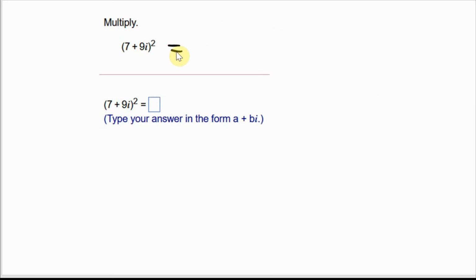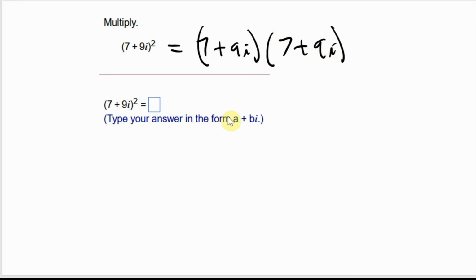Still multiplication. We're going to have to write this out. 7 plus 9i times, again, 7 plus 9i. And then you FOIL that. So the first times the first, we get 49. Then the outer times the outer.